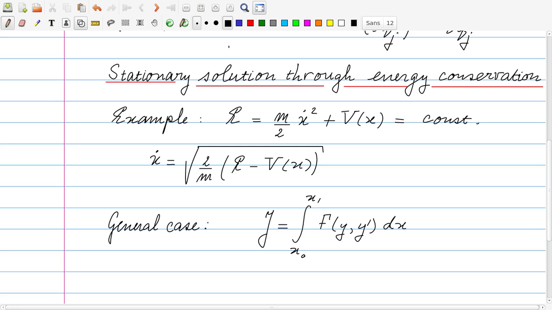Let us now formulate the problem more generally. We are interested in a functional called J, and this J is defined as an integral, in this case not over time, but more generally over the variable x running from x0 to x1, and instead of the Lagrangian we write the integrand as a function f, which depends on y and y primed, and y is a function of x.